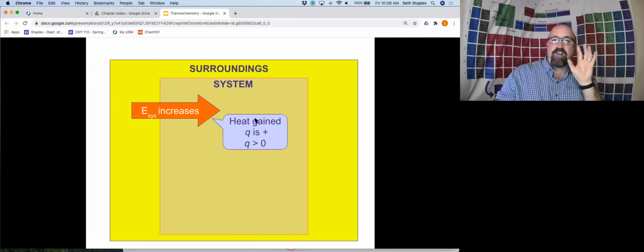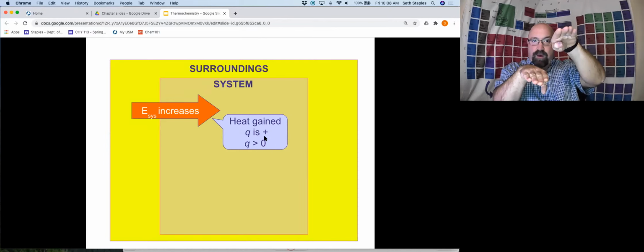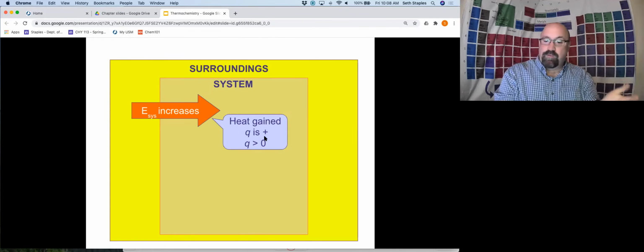So if heat is gained, then our Q is going to be a positive number, greater than 0, because heat is flowing into the system. Our system ends up at a higher energy level than where it was, so heat is gained by our system and Q is going to be positive.